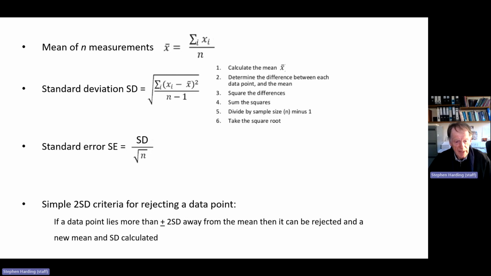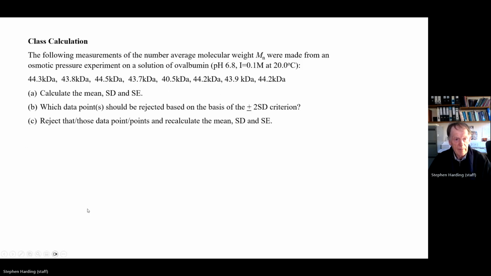And that is, if a data point lies more than plus or minus 2 standard deviations away from the mean, then it can be rejected. And a new mean and standard deviation and standard error can be calculated. So we're going to illustrate that with an example.